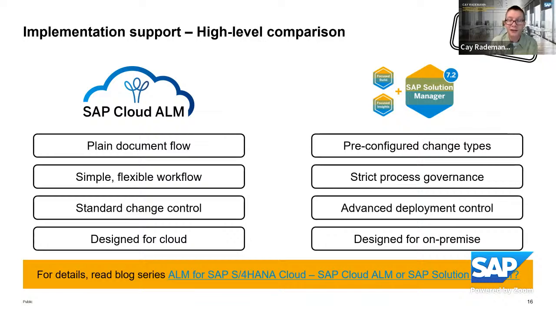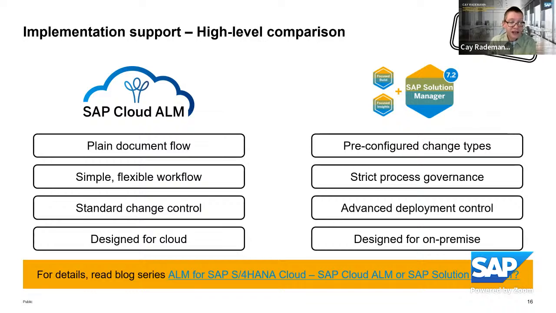If you have selected a change type which requires user stories or comparable things, then you have to follow this approach. There is a strict governance process. If you want strict governance, then SAP Solution Manager is probably better. If you want to be more flexible, then SAP Cloud ALM is better.